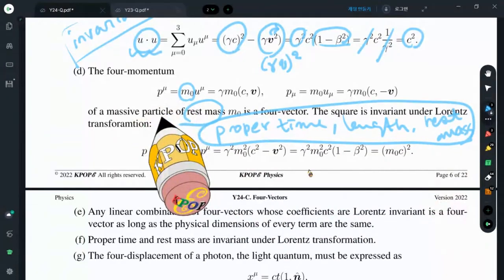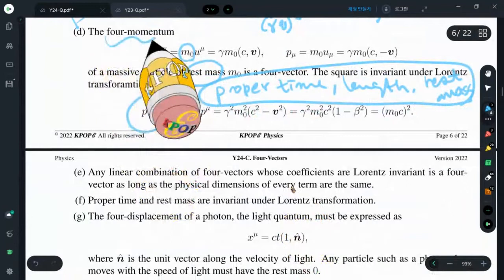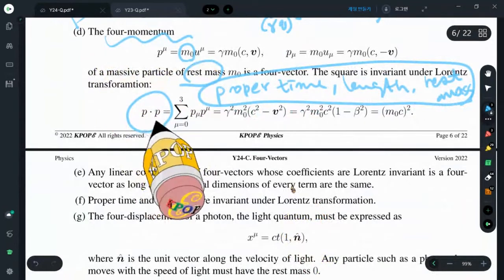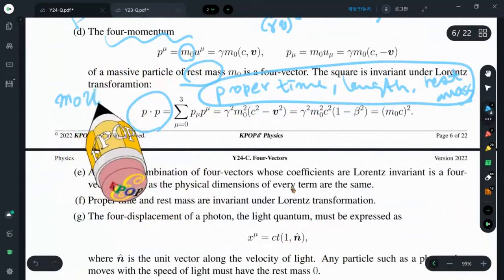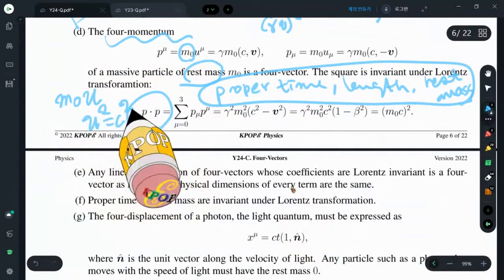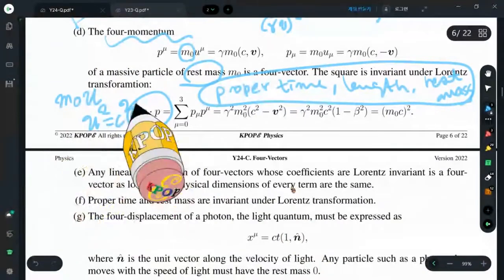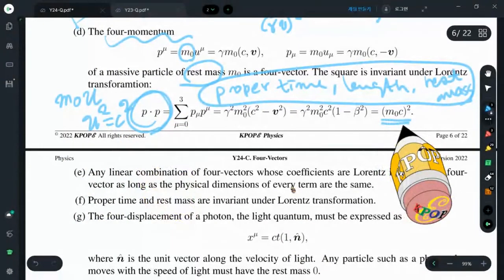Using this, what we find for the square of the 4-momentum, because it is m0 multiplied by u, and u squared is c squared, is that p squared is nothing but m0 c squared.